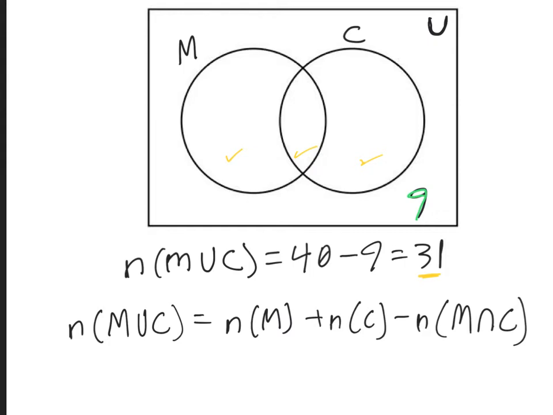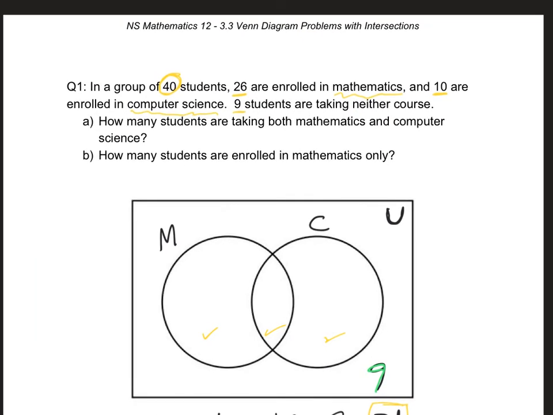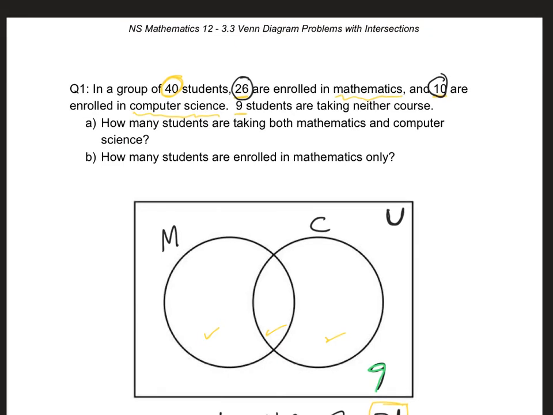What do we know? Well, we know that there are 31 students who are taking mathematics or computer science. So this number is going to be 31. In the original problem, we are told that there are 26 students who are taking mathematics, and there are 10 students who are enrolled in computer science.